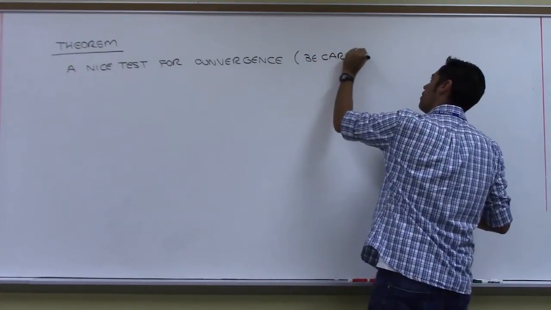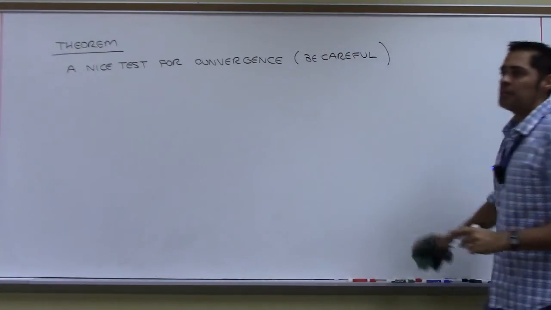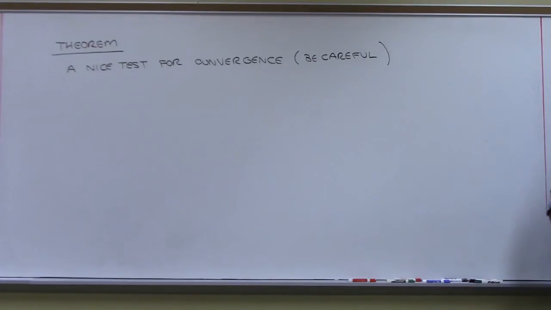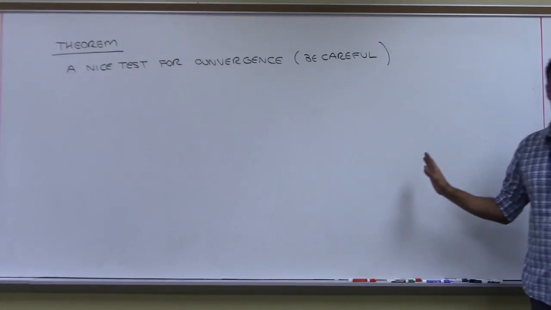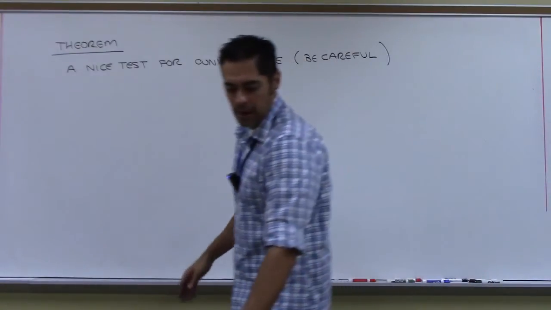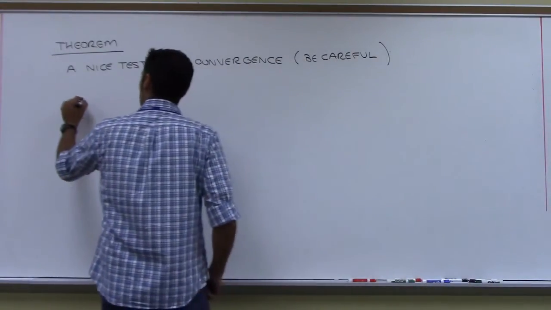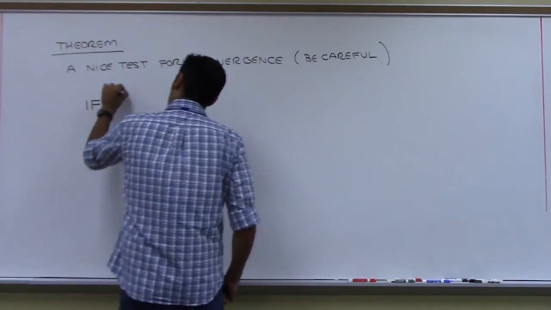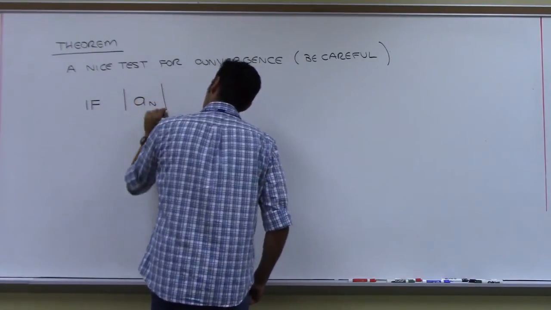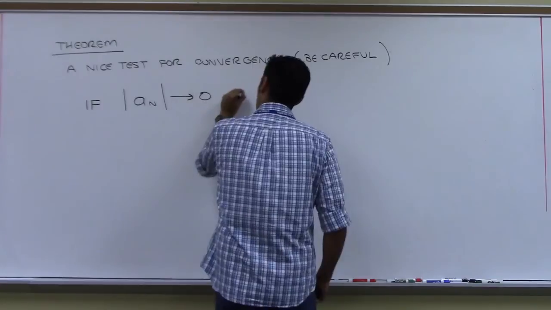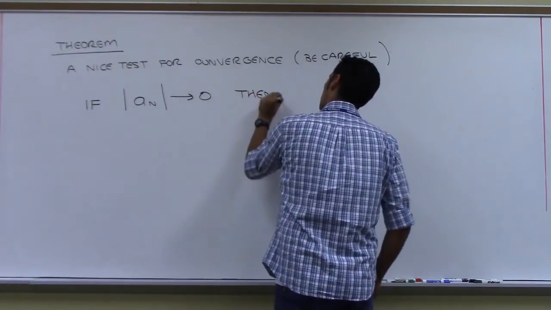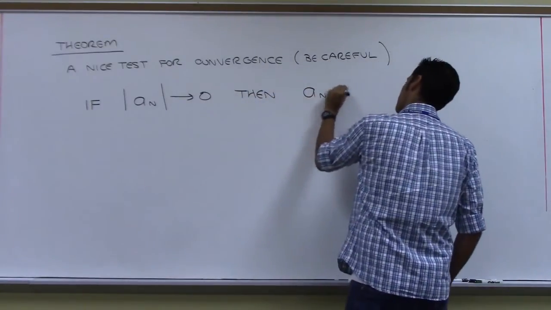I'm about to give you a theorem that's going to be a way for us to test whether or not something converges or diverges, but you have to be extremely careful when you use this. All right, here it is. The theorem says if the absolute value of a sub n goes to 0, then a sub n goes to 0.